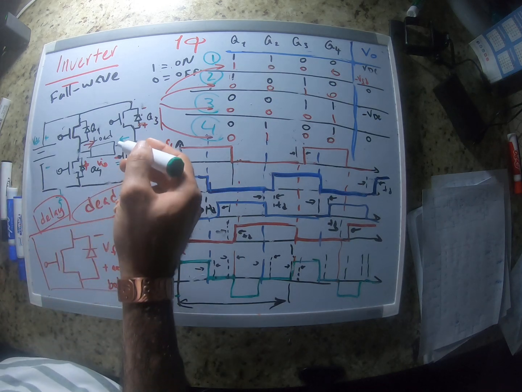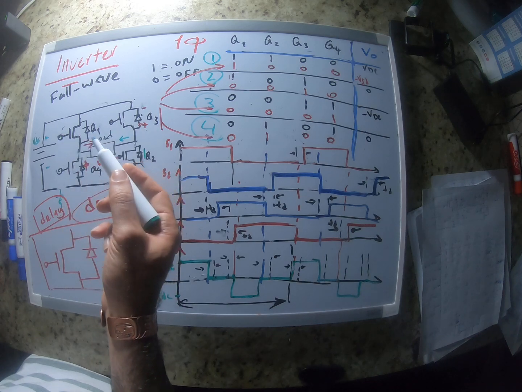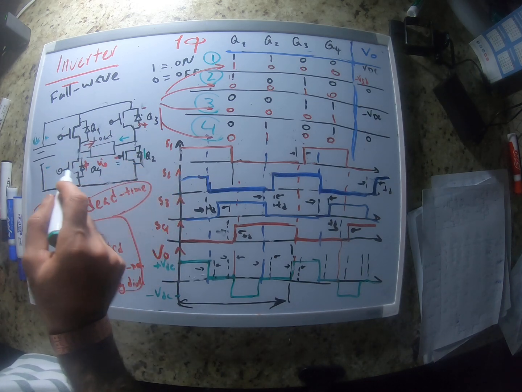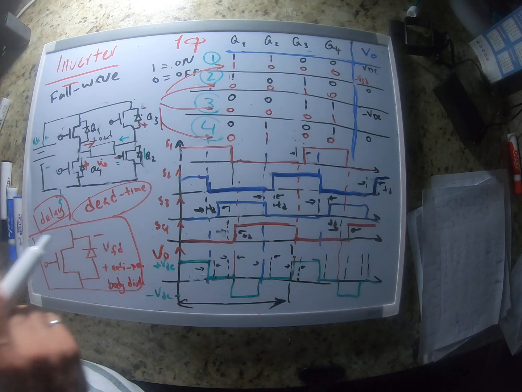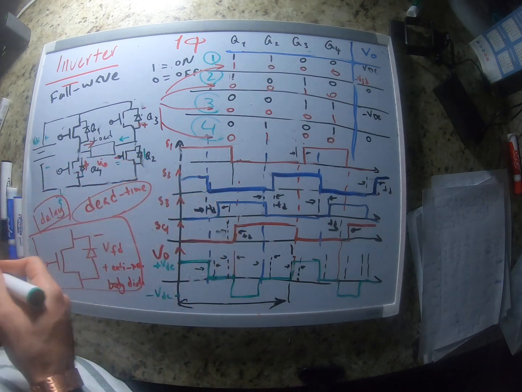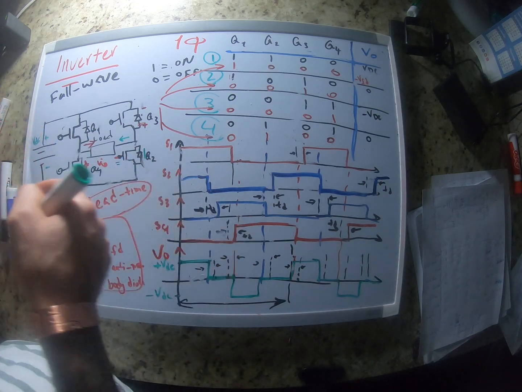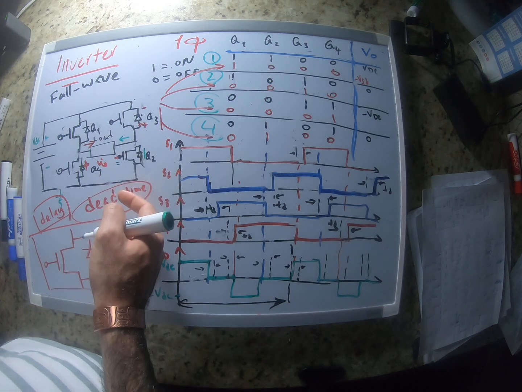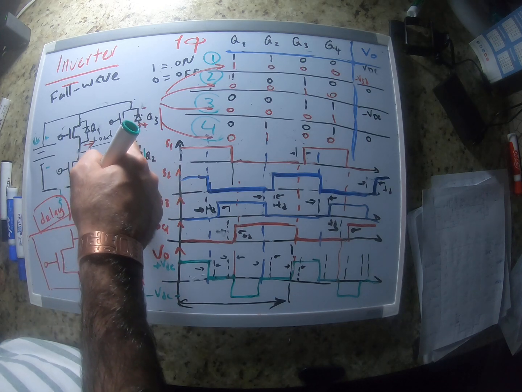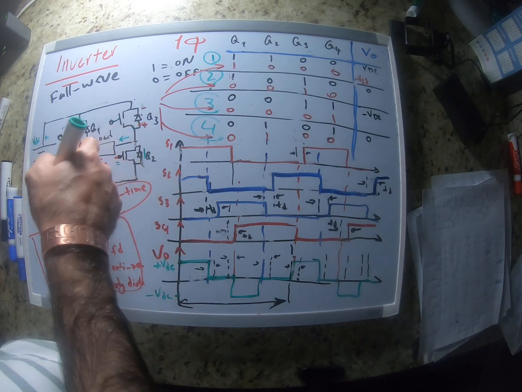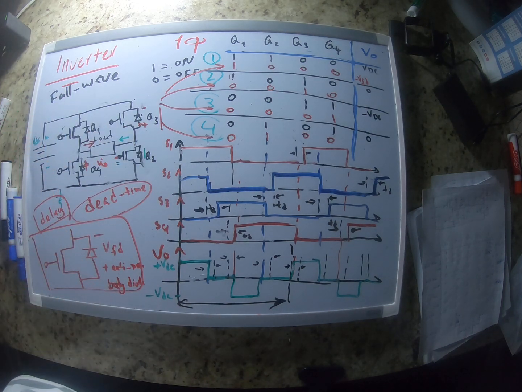As I mentioned, we don't know the direction of the load current; it depends on the load that we have. If you have a resistive load, it's very easy to make that decision. But if it's an inductive load, then we don't know the direction of the current. That's why I'm doing it for both cases. If the current is this way, this diode is going to let the current go through it, and then it goes back through switch 1.